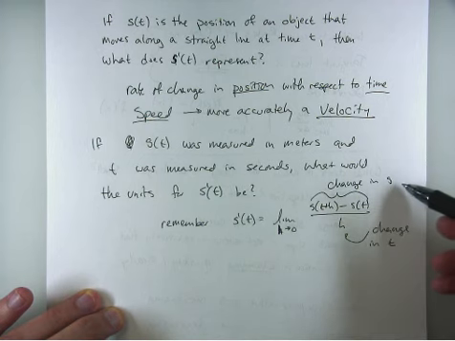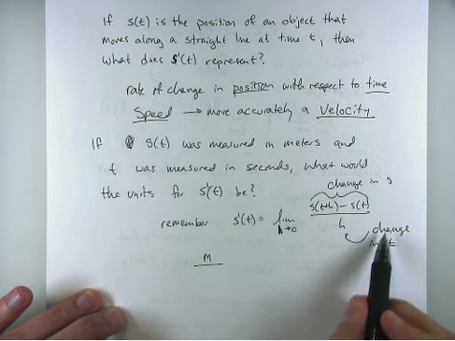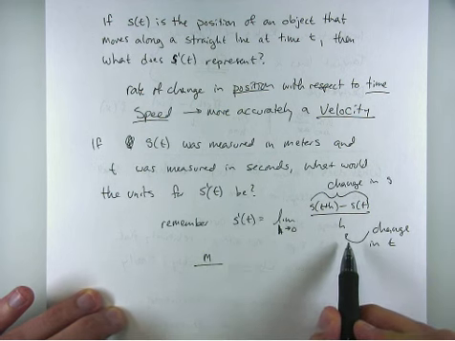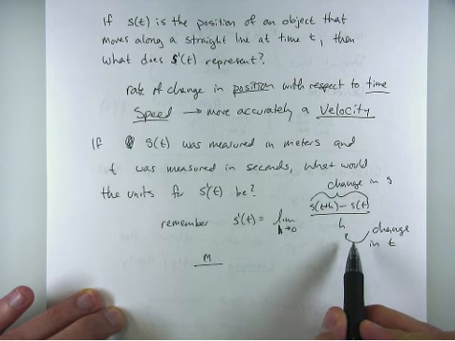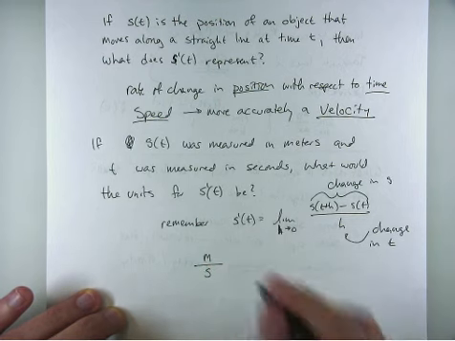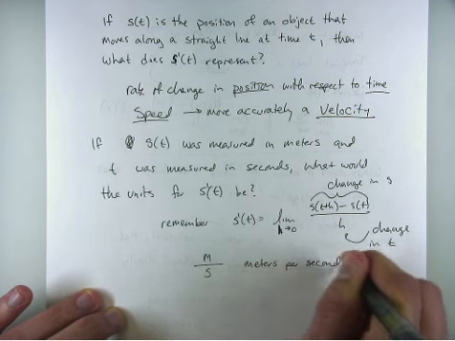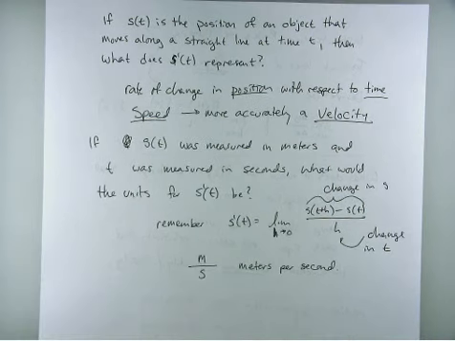So this change in S is how many meters S is changing, because S is all about meters. Right? So meters, and the change in t is seconds, because t is measured in seconds. So m over s, right? So meters per second would be the units there. Any questions about this type of scenario?